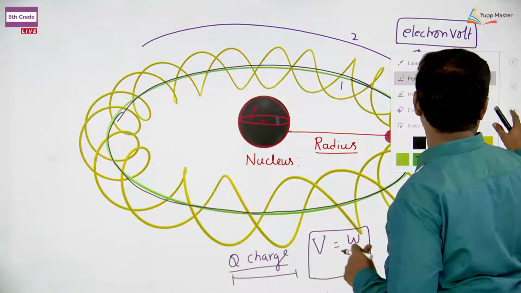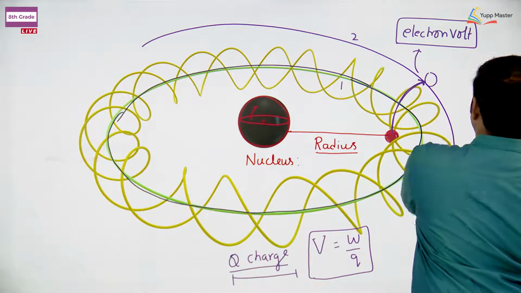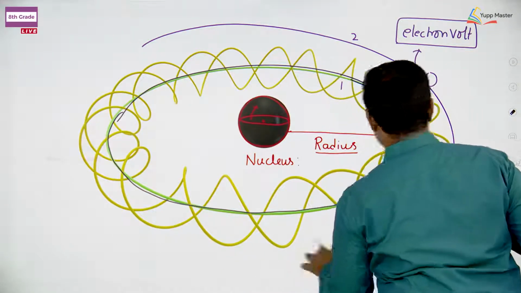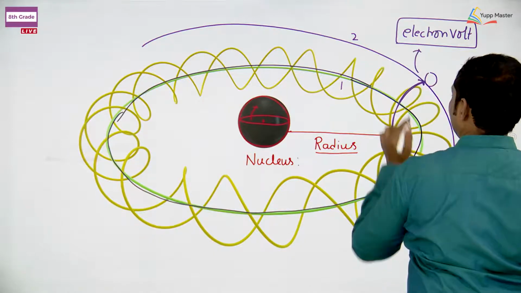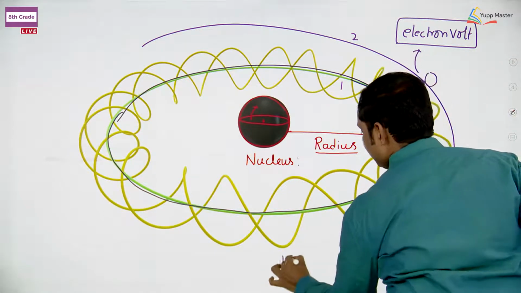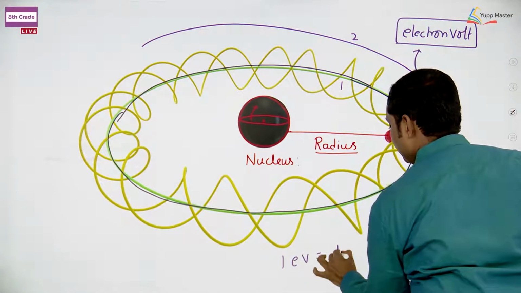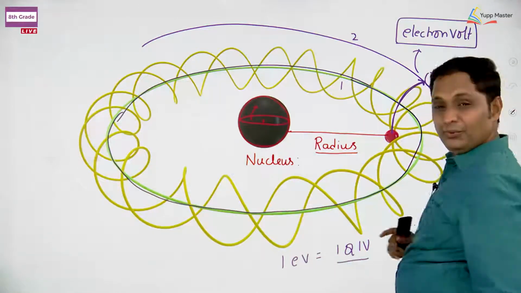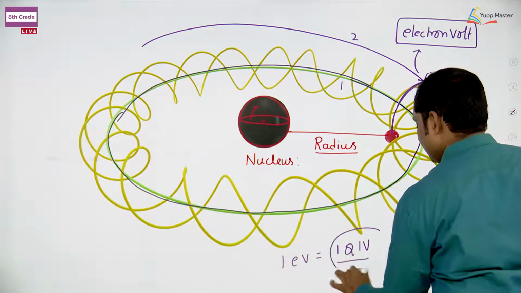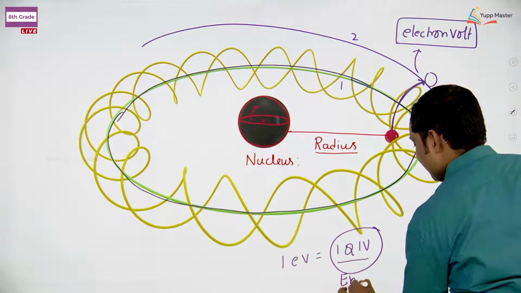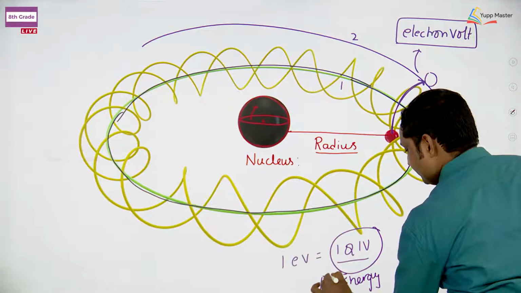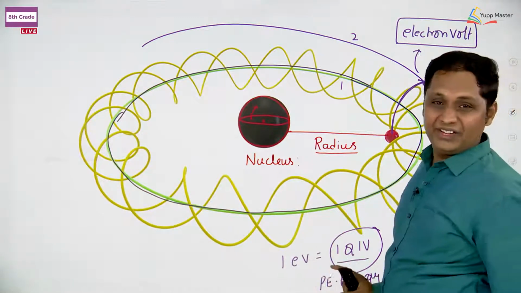So simply we are going to take that 1 eV is equal to 1 Q into 1 volt. This is the potential energy.